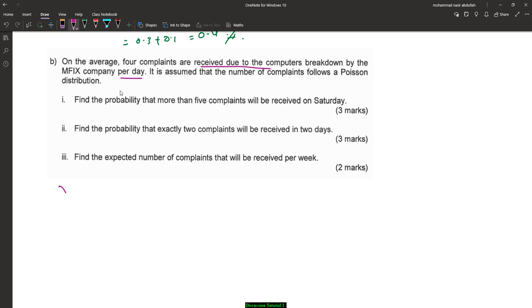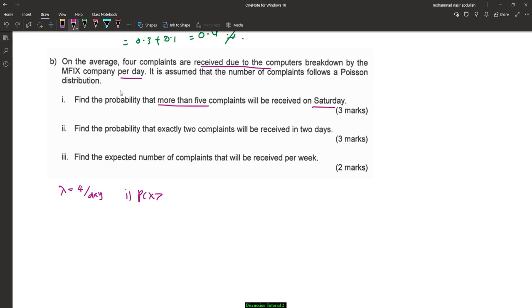So we can say that lambda is equal to 4 per day. 4 complaints per day. Right? So find the probability that more than 5 complaints will be received on Saturday. So Saturday is 1 day. So this is number 1.